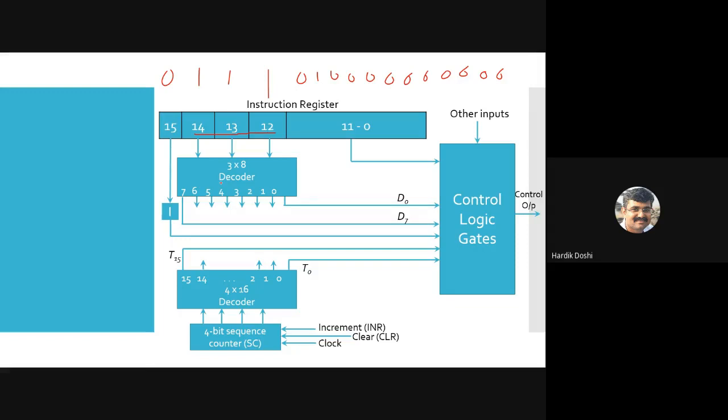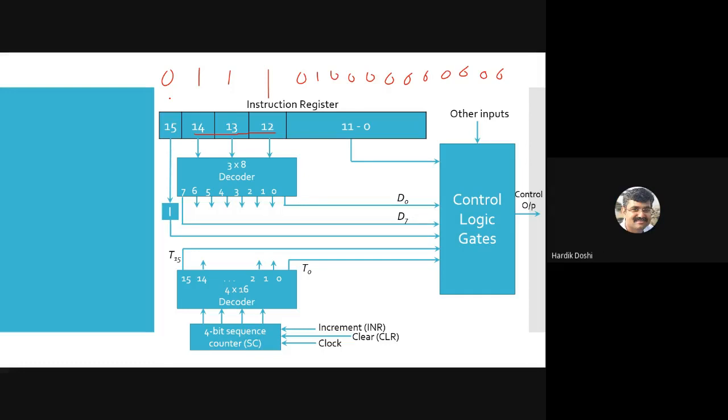But are we able to find out the CLE instruction here? No, because this will only state that the D7 line is 1. That means it is a register reference instruction. Yes or no? Yes, sir.